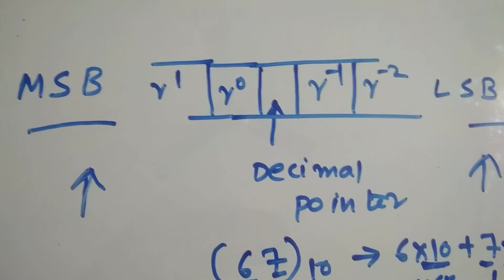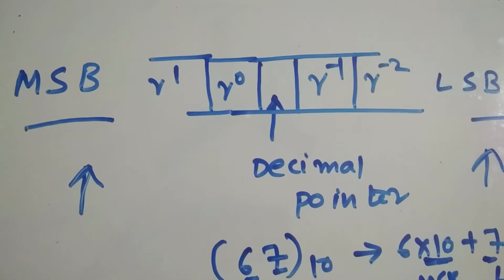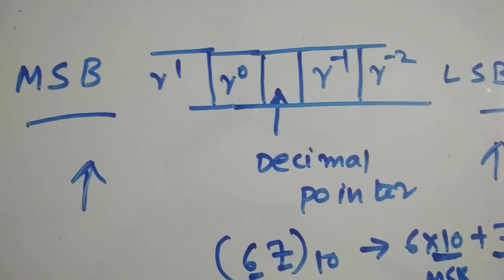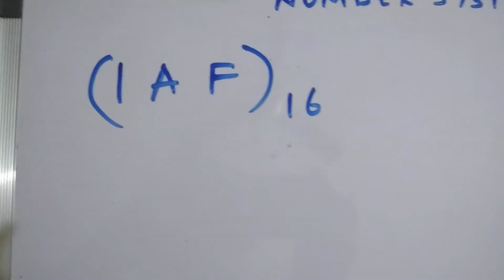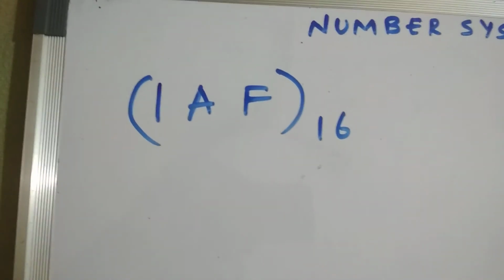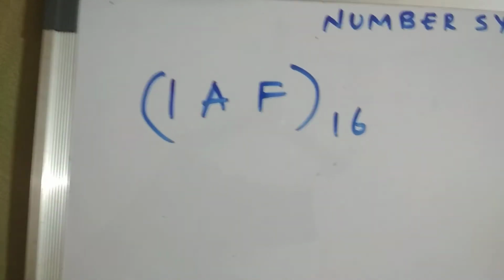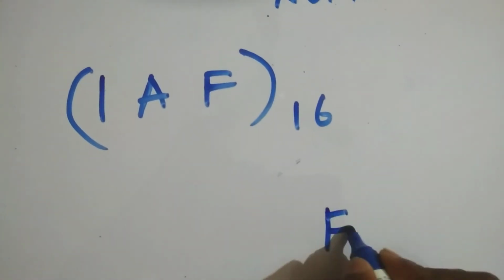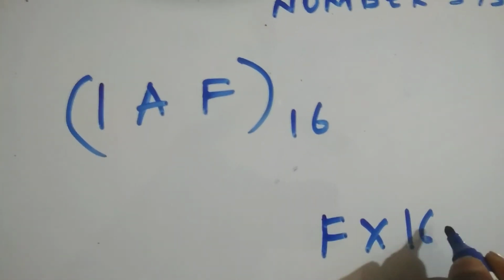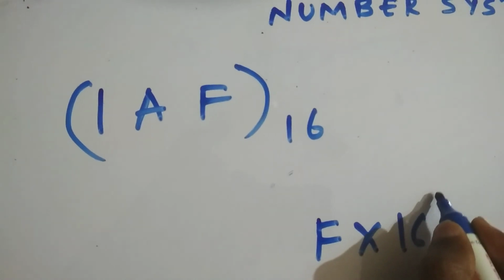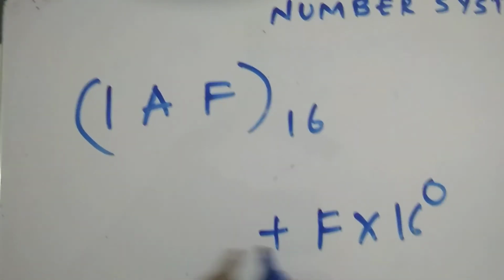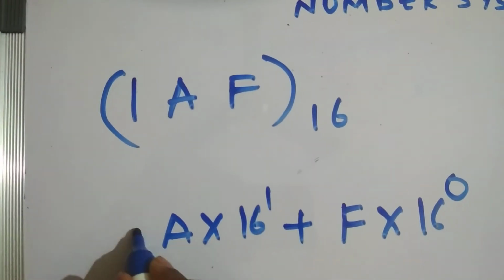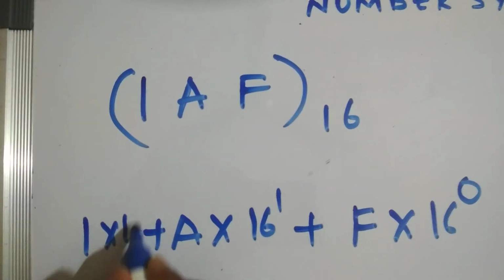So let us take some examples and solve in other number systems like hexadecimal and octal. What's the value of this? It's 1AF. How can you do this? It's so simple. F into 16 power 0, the least value, plus A into 16 power 1, plus 1 into 16 square.